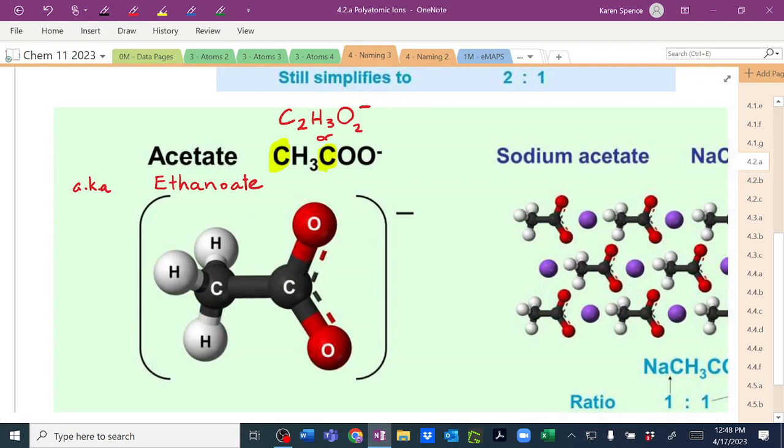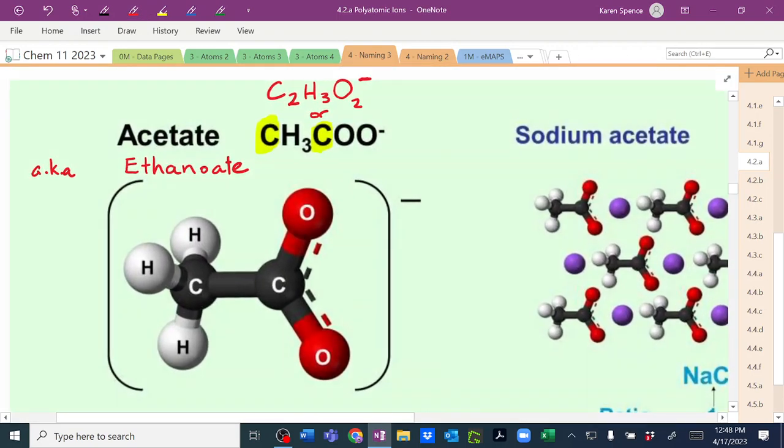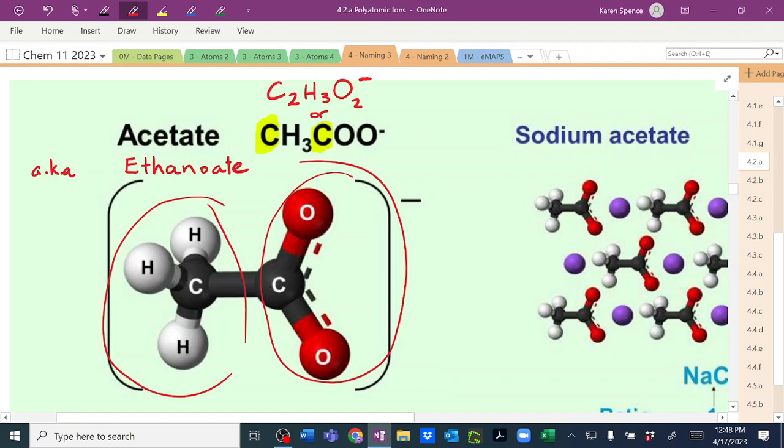But if you look at the structure, the CH3, we got a CH3 here, yes? And then we have a COO. So writing it like that actually gives us a better idea of what the true structure is like compared with C2H3O2, okay? So which is why we often will write it as CH3COO.